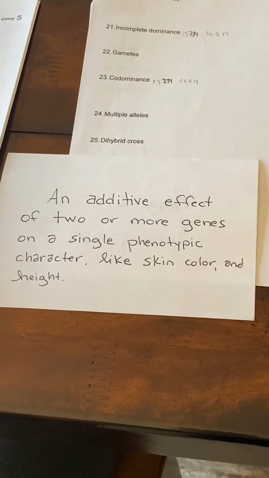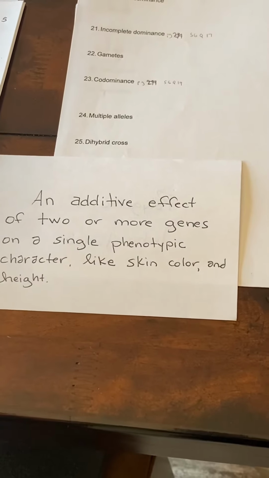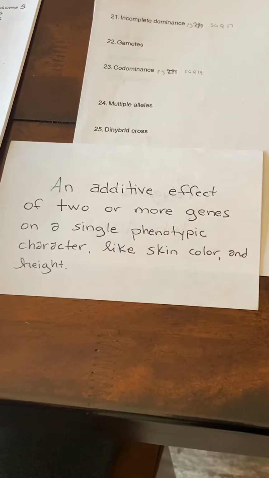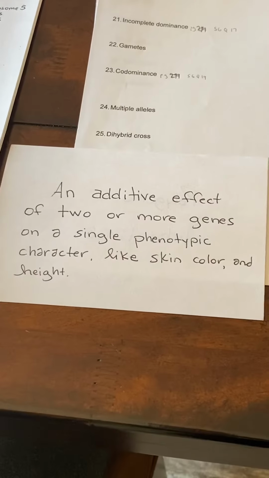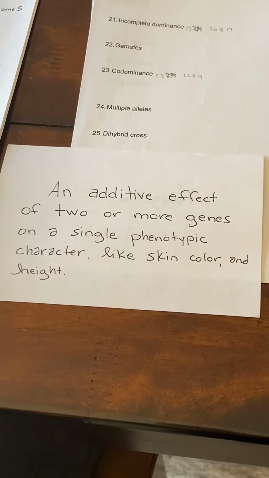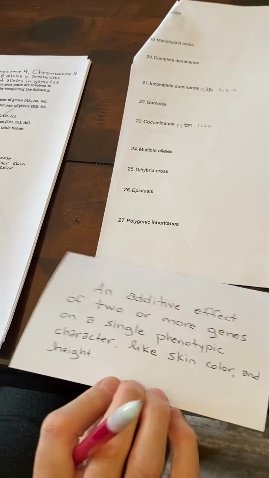So that schematic there is more of like a continuum. You could have a very tall person down to a very short person, depending on how those 180 genes interact with dominancy.